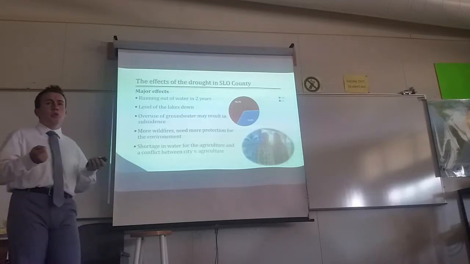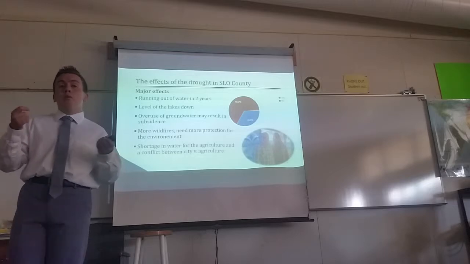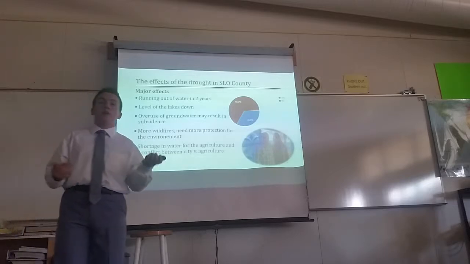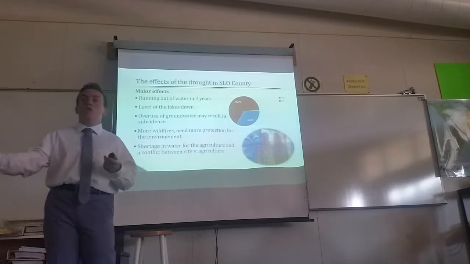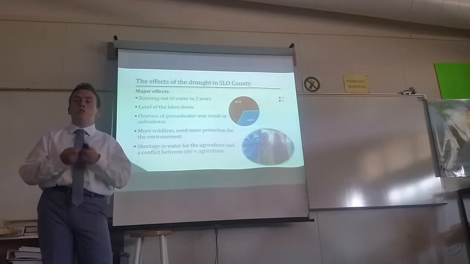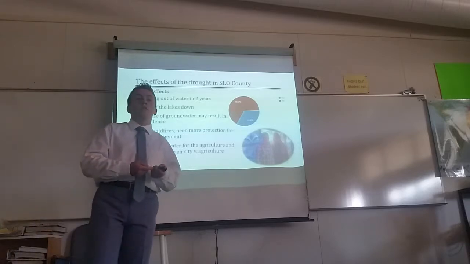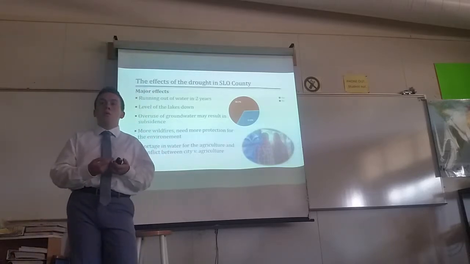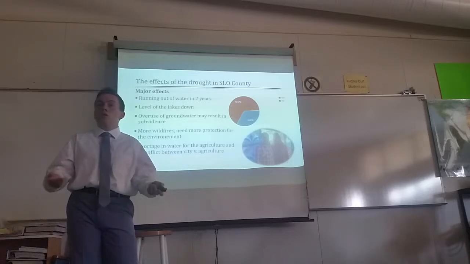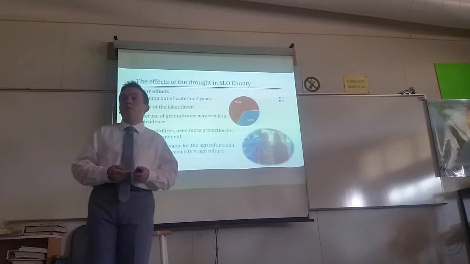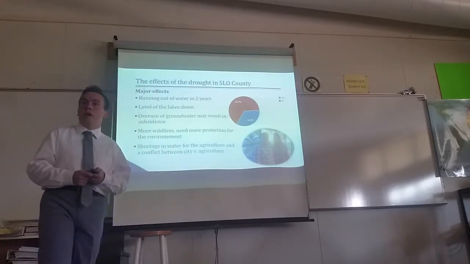And also, the drought may create problems between the cities and the agriculture, because some people in the cities are like, why are you using so much water? You don't use it efficiently. And the people on the farms say, oh, the cities use too much. We grow their food, and we need to do it, or we won't trade. California is a big exporter of fruits and also meat and stuff like that.